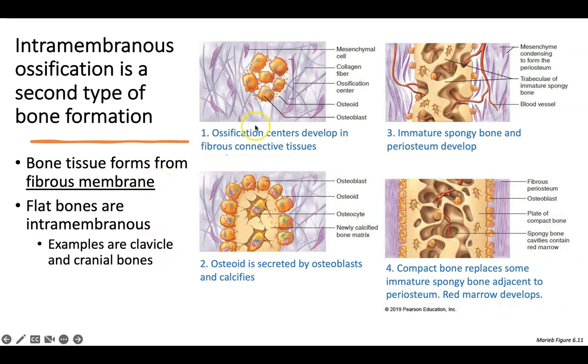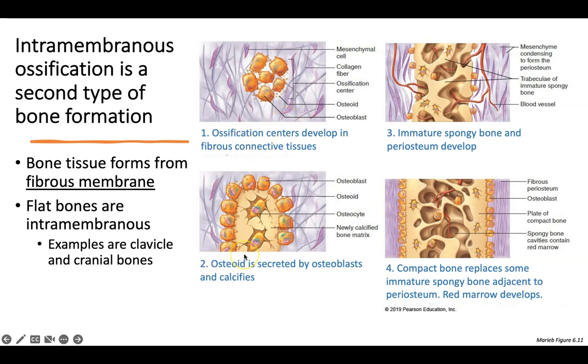So again, we have multiple steps. It starts with ossification centers developing. So we can see here within that ossification center, we have osteoprogenitor cells, we have osteoblasts that are those bone matrix forming cells. They're all developing here within an ossification center in fibrous connective tissue.